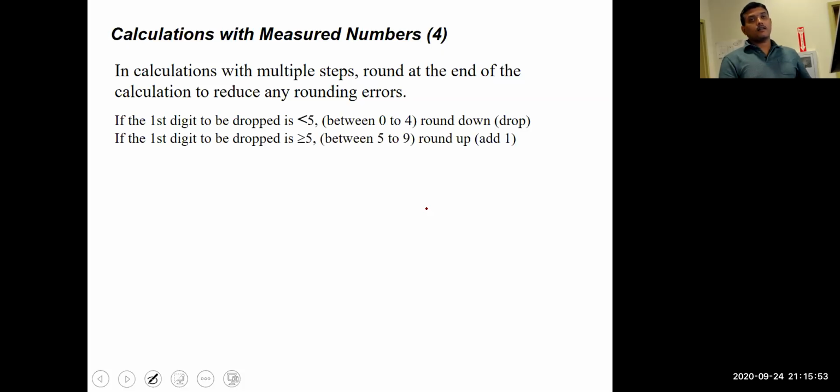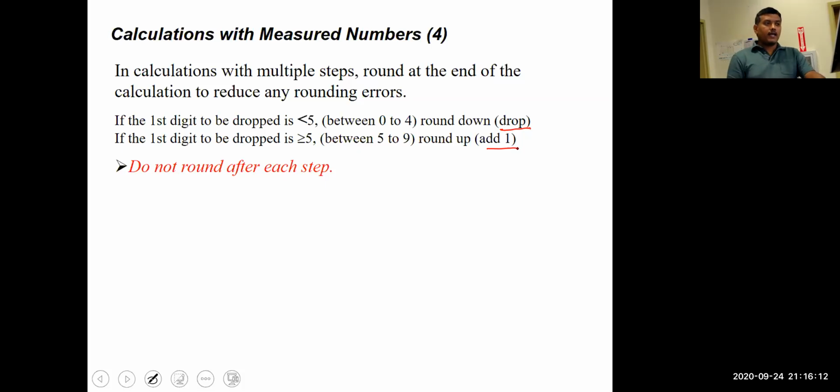In the other case, if that number is between 5 and 9, you will drop that number, but you will add +1 to the number that you are keeping, right? Either you just simply drop or add +1 by rounding up. So it can be rounding down or rounding up.